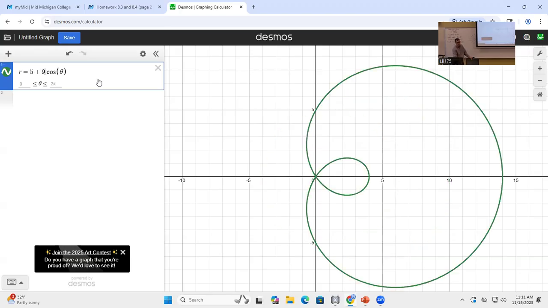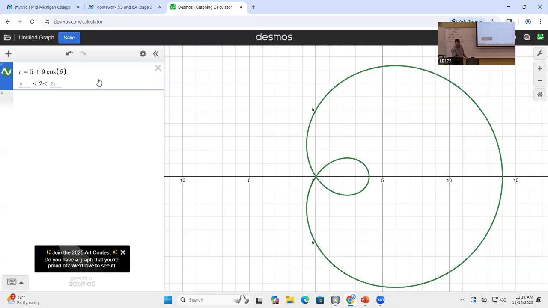What would happen if the coefficient on the cosine is bigger than the constant, something like 5 plus 9 cosine theta? Well, we get an inner loop when it goes back. It won't just touch the origin, but it'll go through the origin, loop around, through the pole, and we get an inner loop.